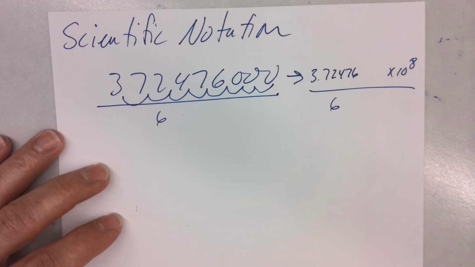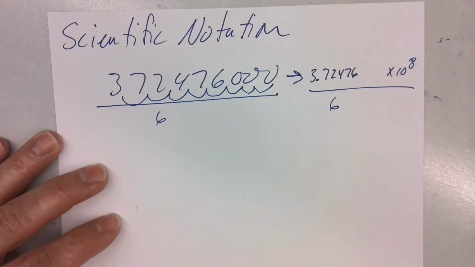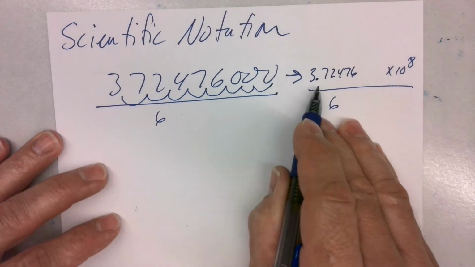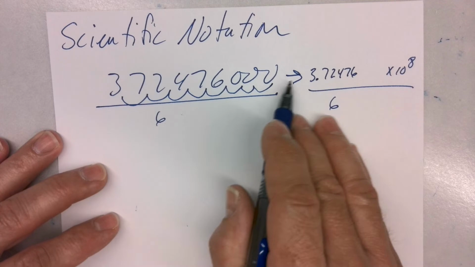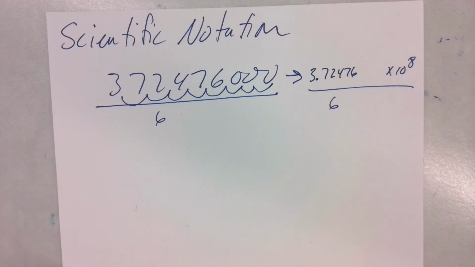Wouldn't it be to the 3rd instead of the 8th? No. If I went to the 3rd, I would have stopped there. My decimal's right there. I still moved my decimal 8 spots. I just have to keep all those numbers because they're all significant. That makes sense? How do you know how many places are in the decimal?